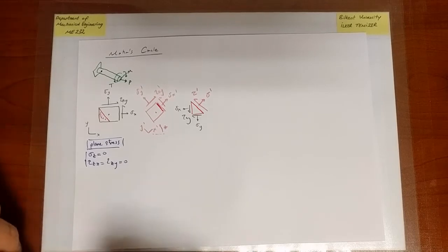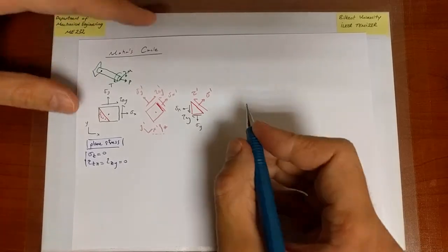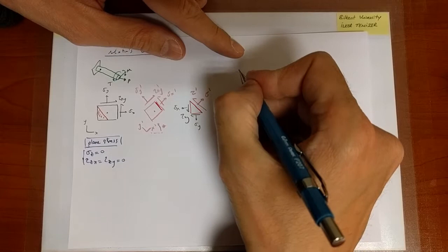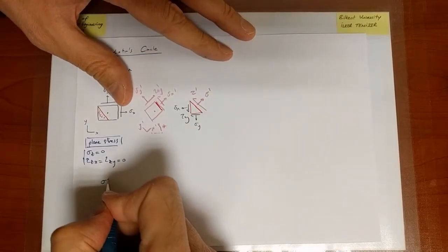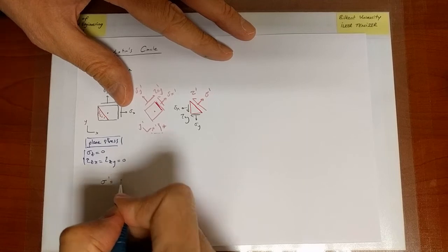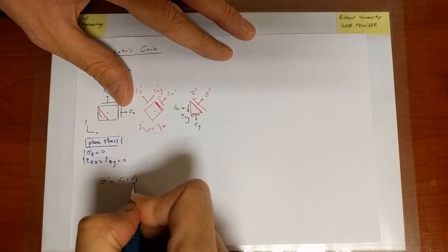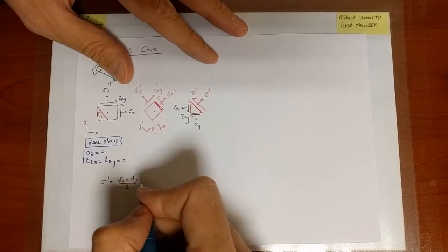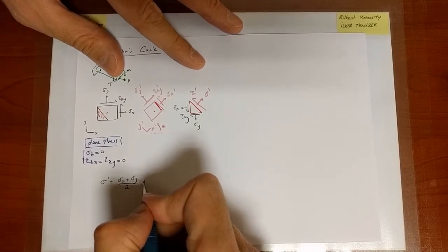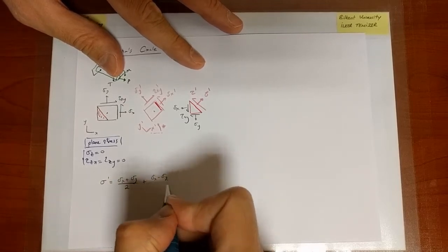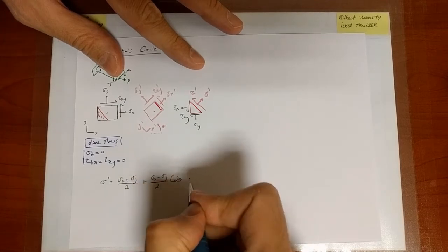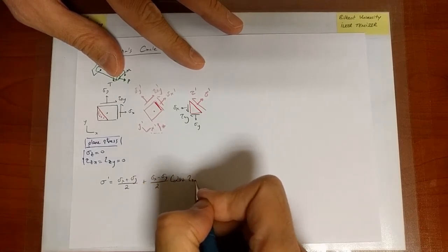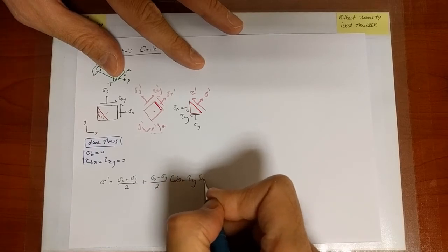All right, and the result delivers that the normal stress sigma prime is equal to sigma x plus sigma y over 2, plus sigma x minus sigma y over 2 cosine 2 theta, plus tau xy sine 2 theta.